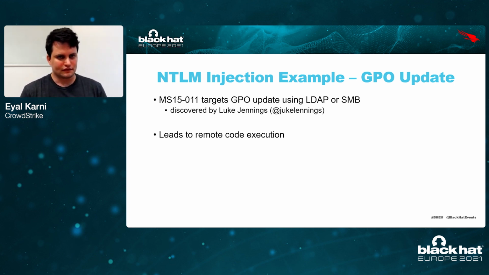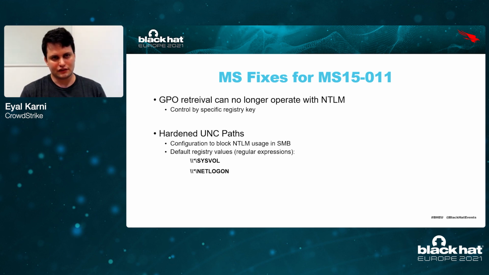And the fixes by Microsoft for this attack are really specific to group policy. First, group policy retrieval can no longer be done with NTLM, that is LDAP and MSRPC. And secondly, SMB, the protocol responsible for obtaining the group policy files, is blocked from usage on certain paths.